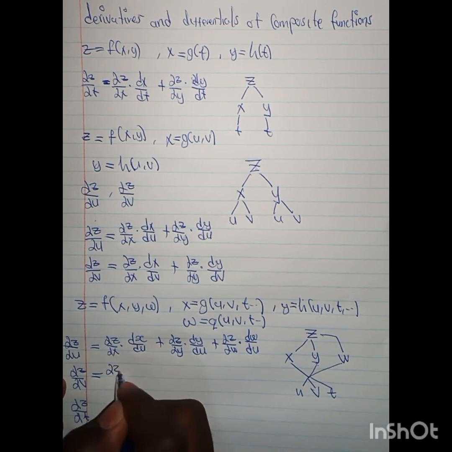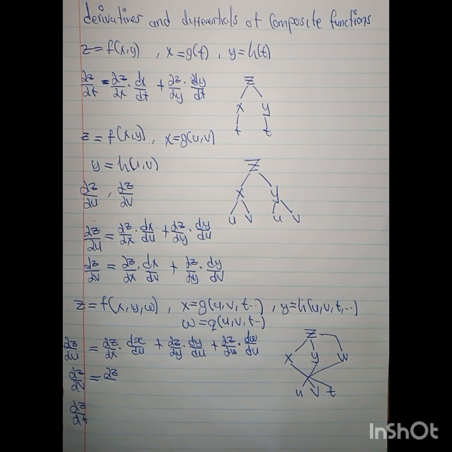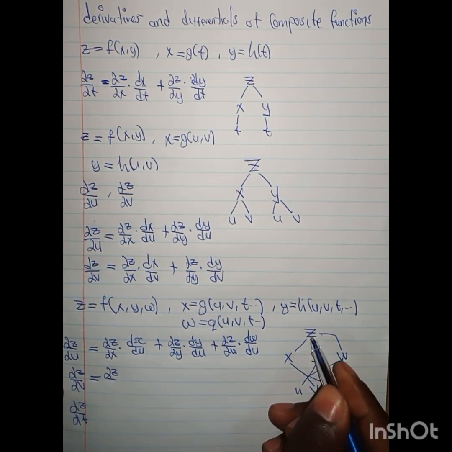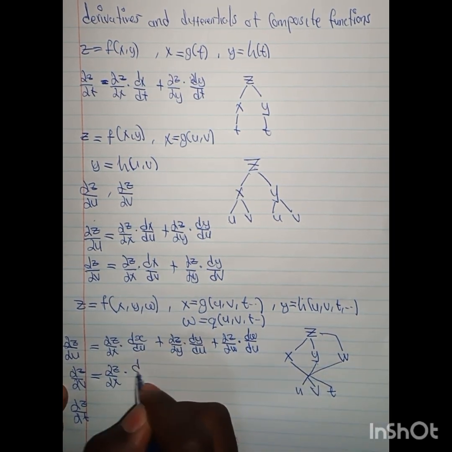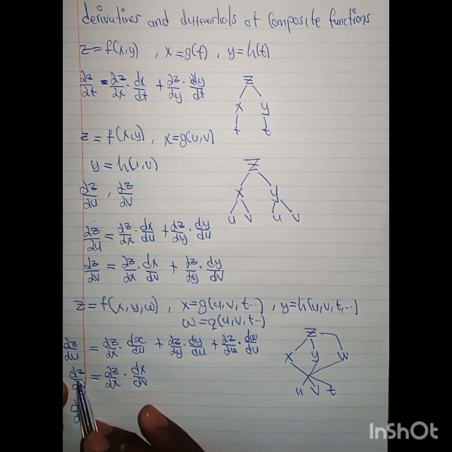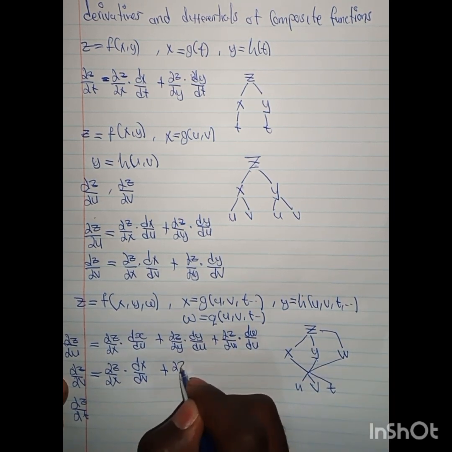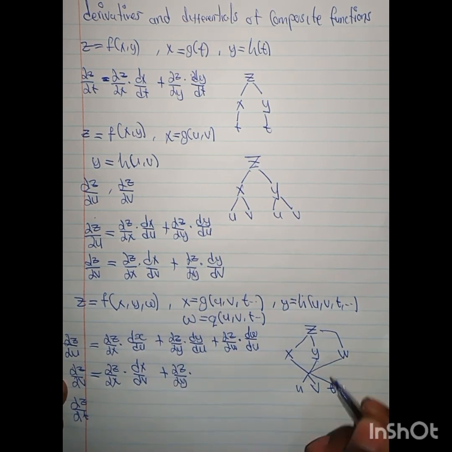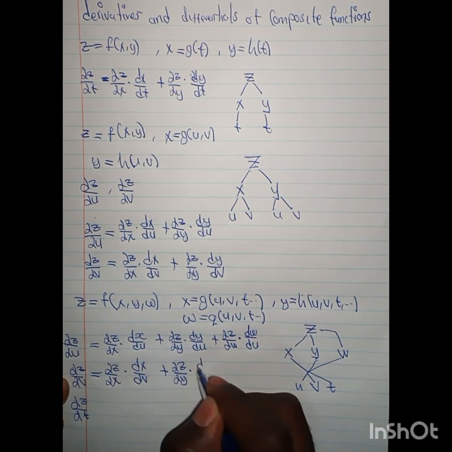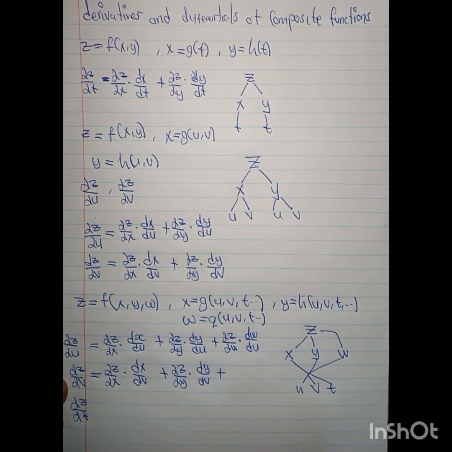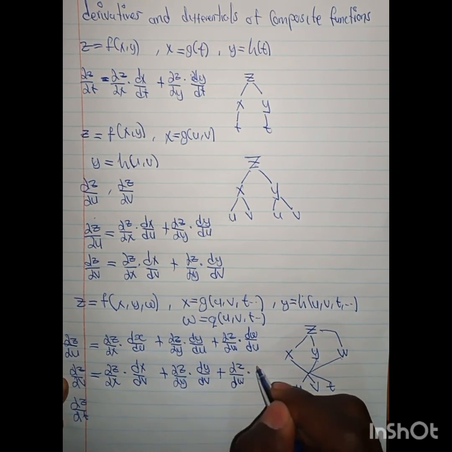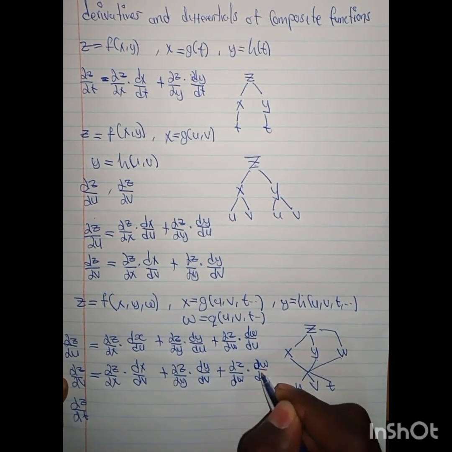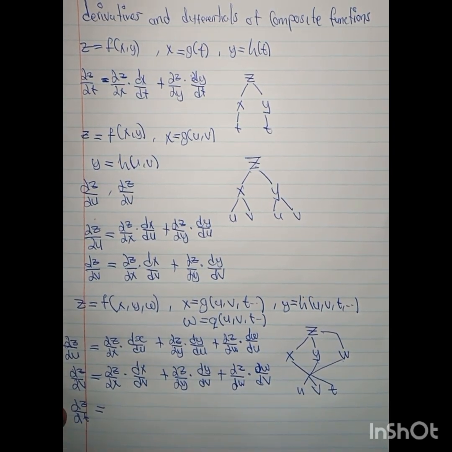We will have dz/dx multiplied by dx/dv, because x depends on v, plus dz/dy multiplied by dy/dv, plus dz/dw multiplied by dw/dv, because y and w also depend on v.